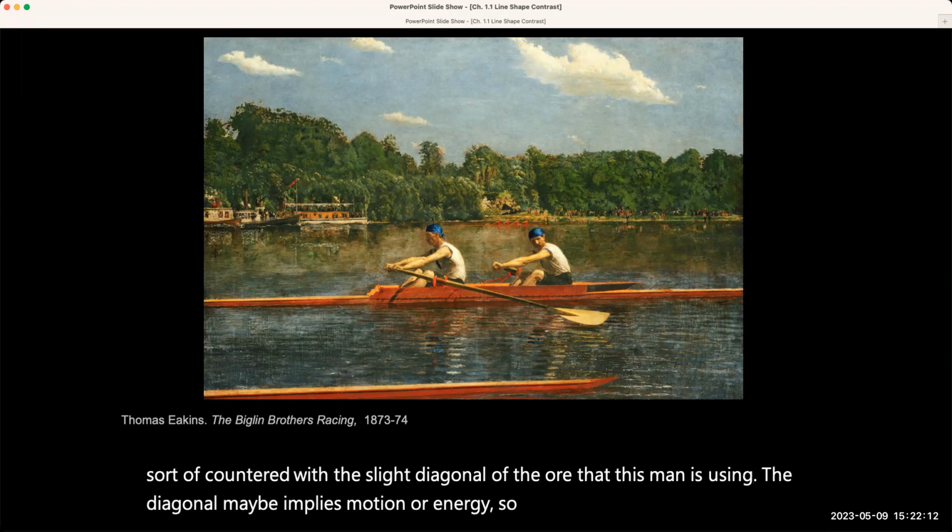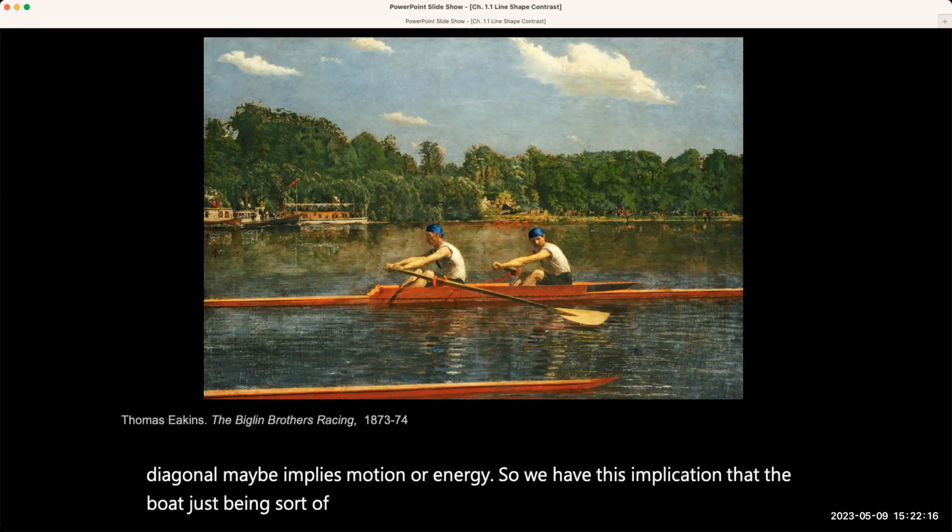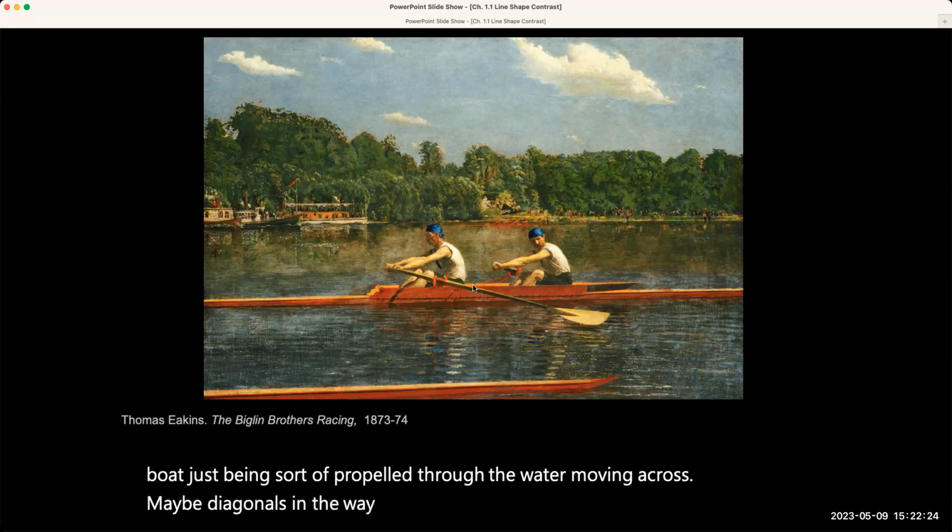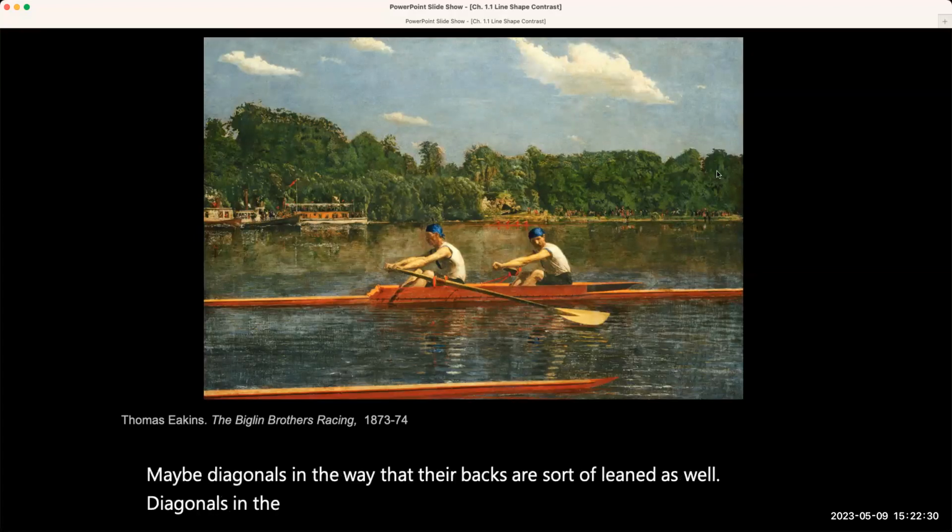So we have this implication that the boat is just being sort of propelled through the water, moving across. Maybe diagonals in the way that their backs are sort of leaned as well. Diagonals in the clouds, and then another strong horizontal in kind of the shoreline or the horizon line atop the trees there.